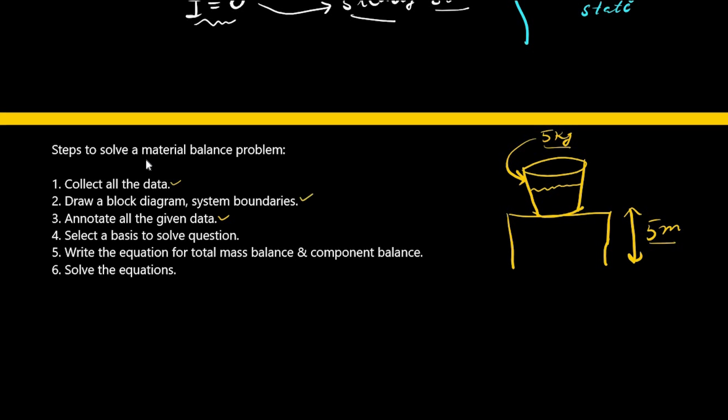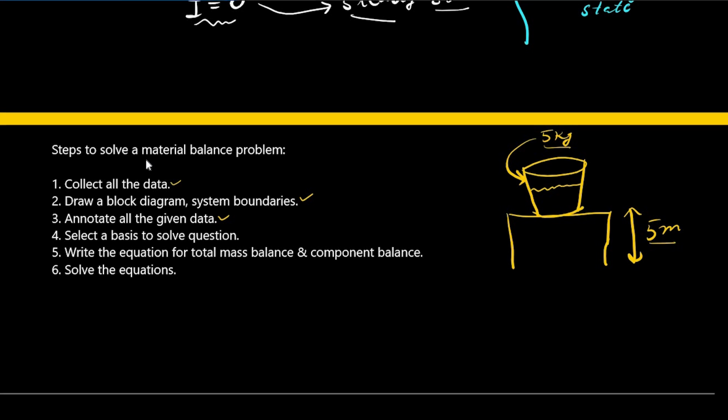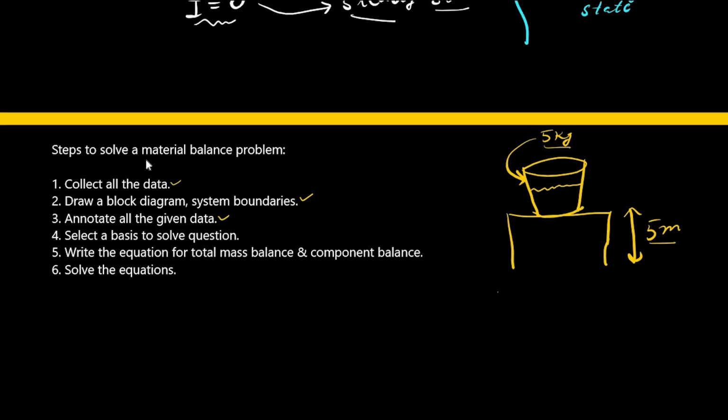Now I have to select a basis to solve the question. What do I mean by selecting a basis? In the question, you may have been given the amount of time, for example 5 hours for the time of inflow, or you may have been given 5 kg per second, that is, the amount of any component flowing inside or outside per unit time.